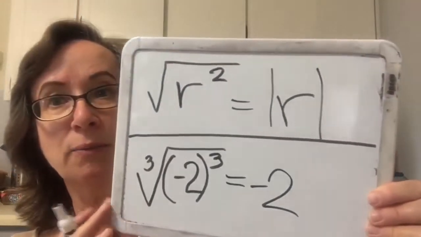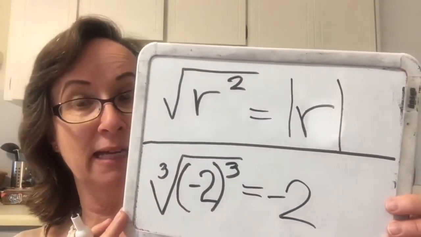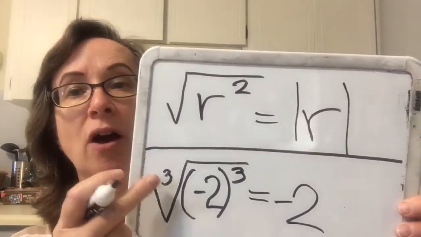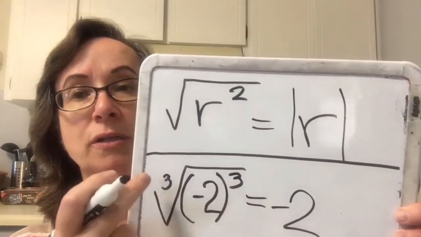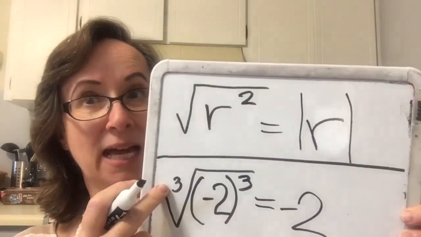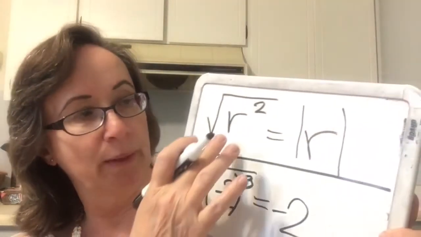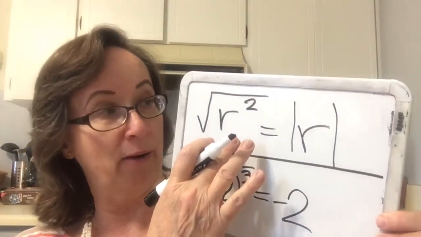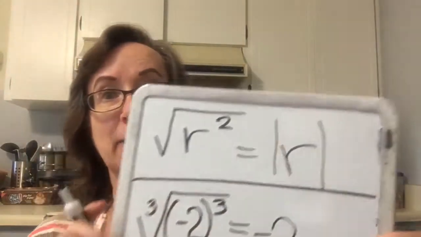So the rule is we do not change the sign of the number when we have an odd root and power. We leave the sign alone. But when we have an even root or power, we put the absolute value sign on it if it's variable. If it's not a variable, we just make it positive.